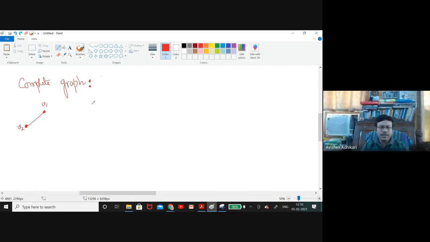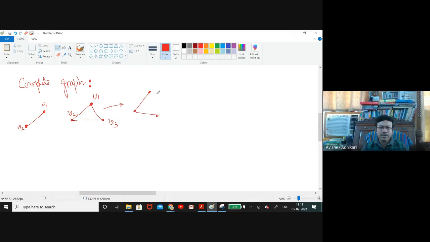Now, if I consider three vertices, V1, V2, V3, and if I ask what could be the maximally connected subgraph, it has to be like this, right? You might have also like this.